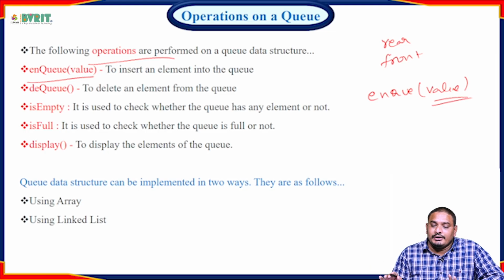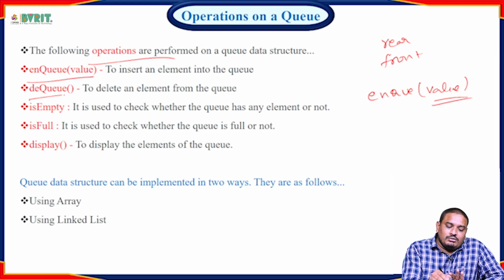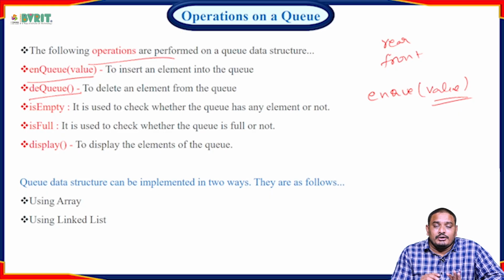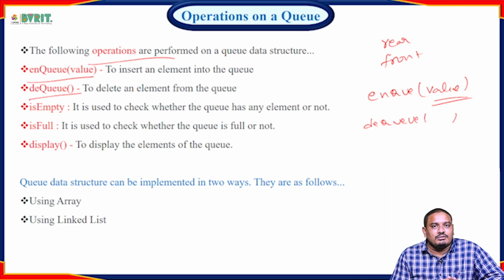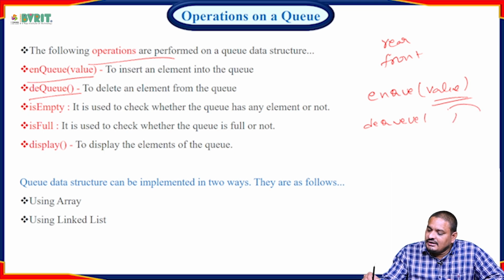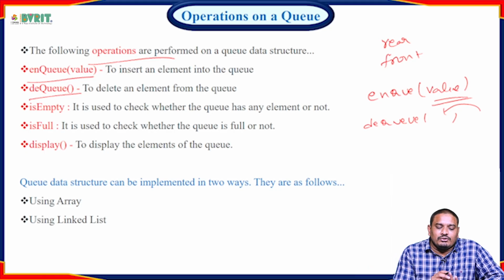That is the NQ operation. Now, what is the DQ operation? DQ operation is deleting the element from the Q by using this method. We are not inserting any object. That is the DQ operation.